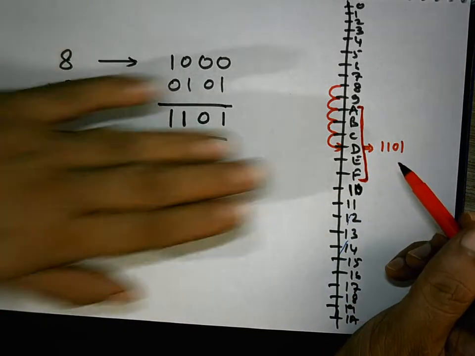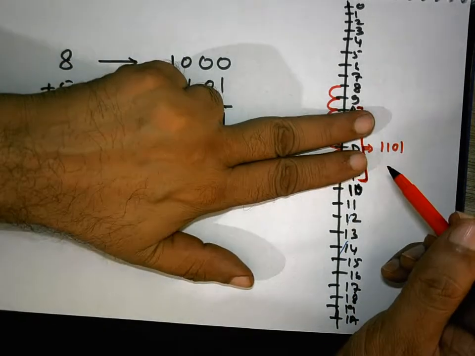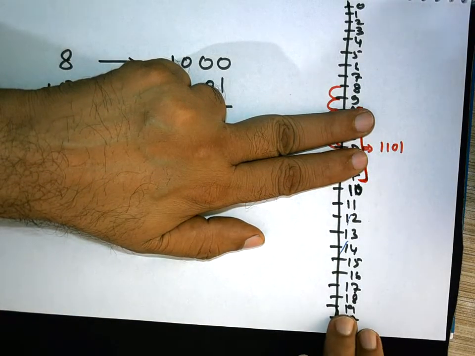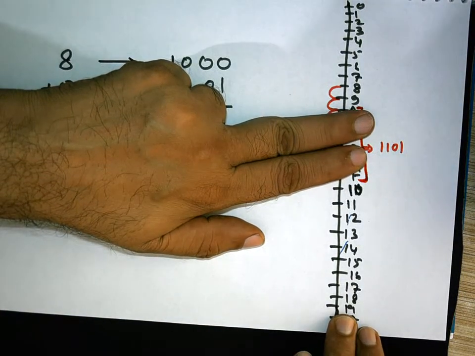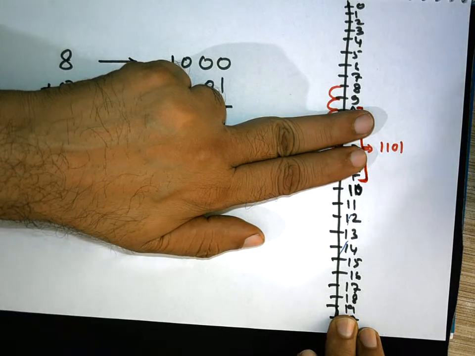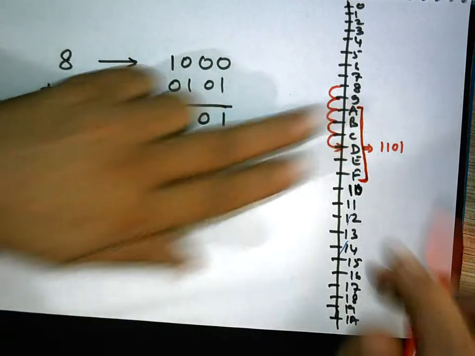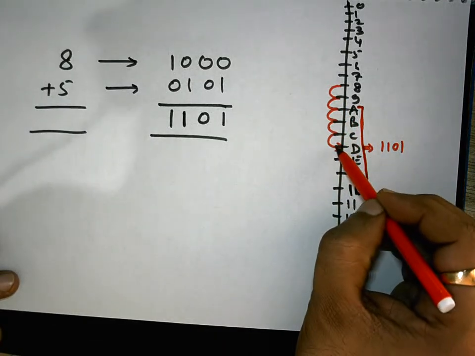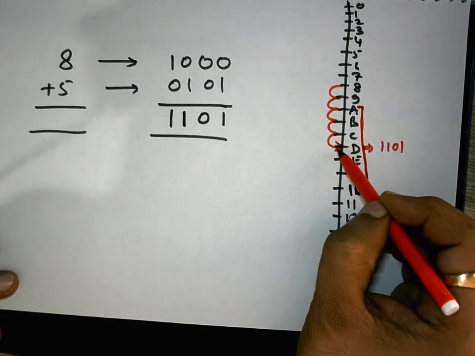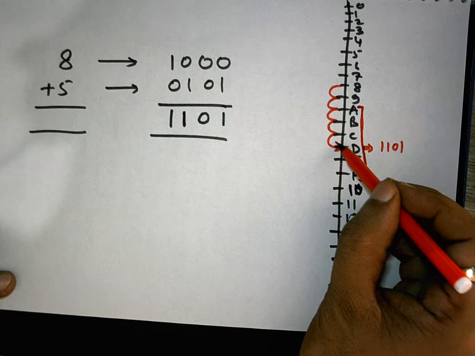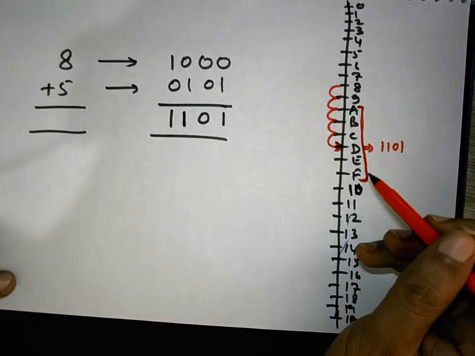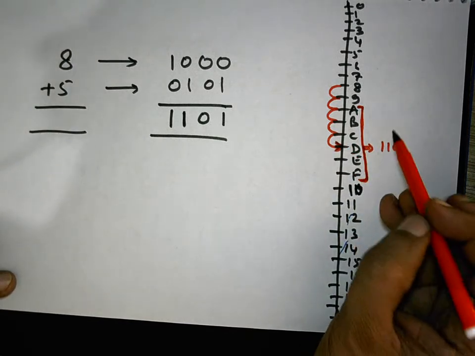If we somehow skip these 6 codes, we simply obtain the number line of our decimal numbers. So if we avoid entering this summation result into this zone, we can display our correct result. How can we avoid this?